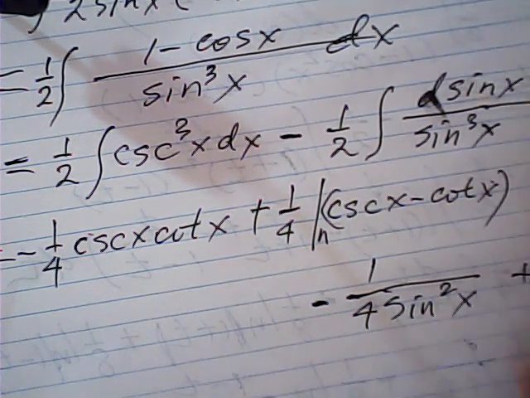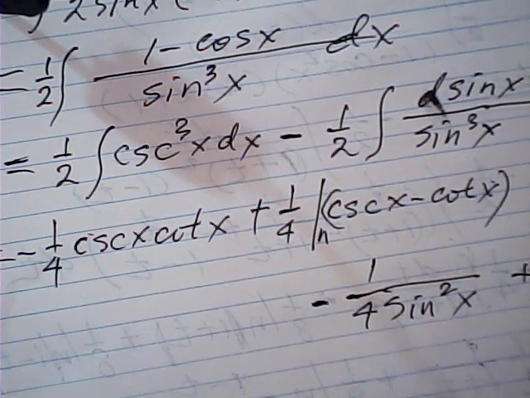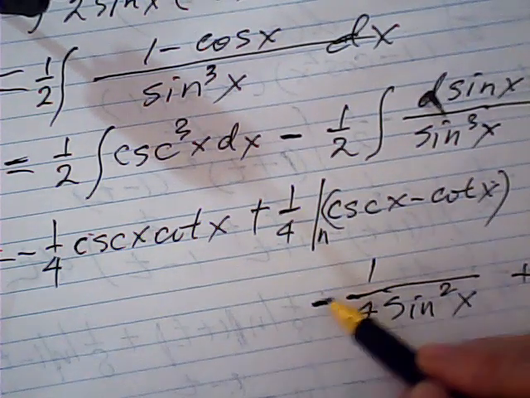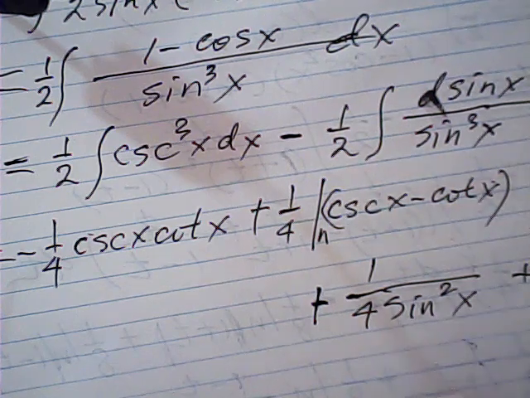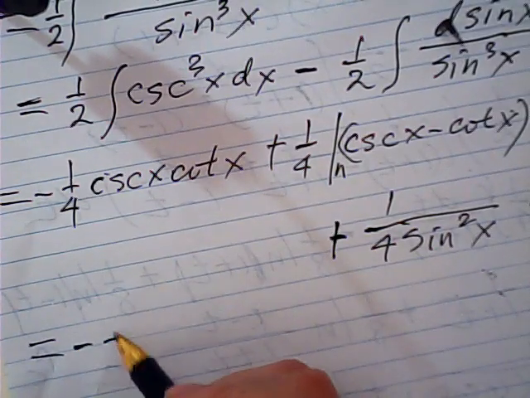So this integral is this. Yeah, negative becomes plus, this is negative, okay, negative half times this one is quarter. So this result becomes negative 1/4.